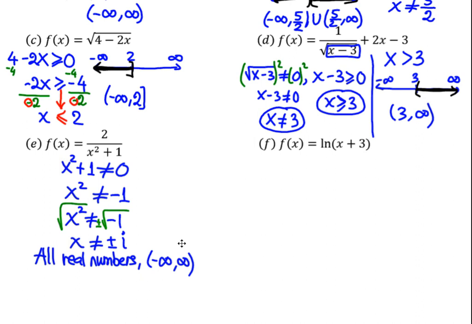Next we have a natural log of x plus 3. For the natural log or log of any base, the argument of the log must be positive. So we only have x plus 3 greater than 0. Subtract 3 on both sides. X greater than negative 3.